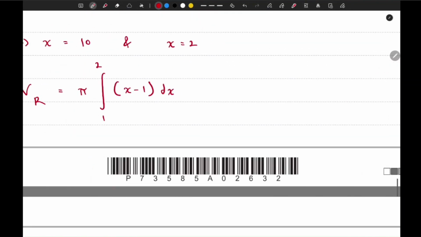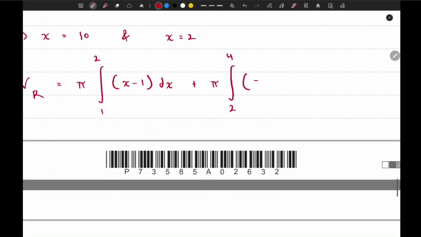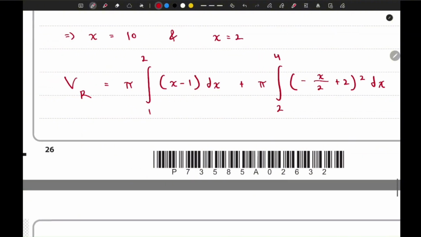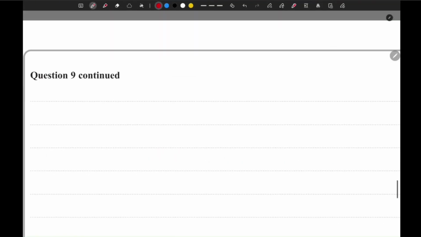So you can write it like this using the same equation: pi integrate from 2 to 4 of y squared, where the value of y is negative x over 2 plus 2, whole squared dx. So this is the overall volume of the region.